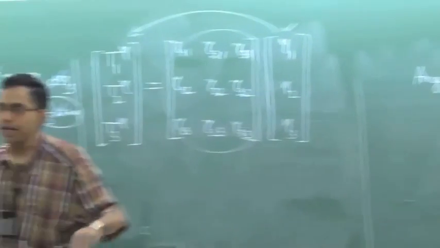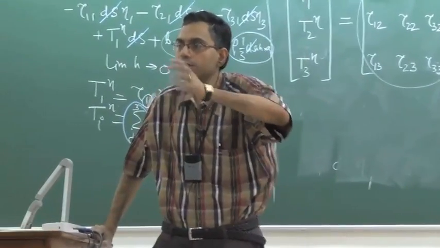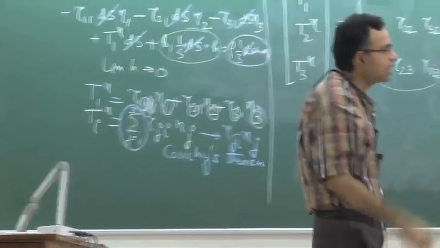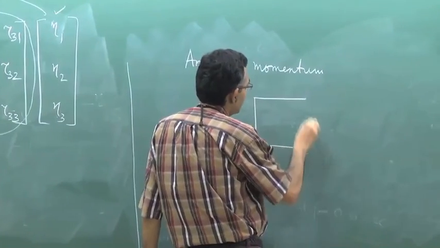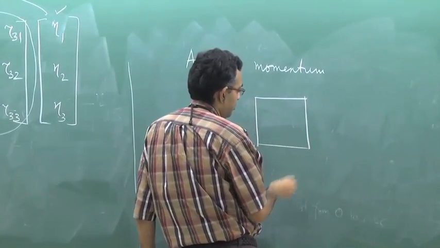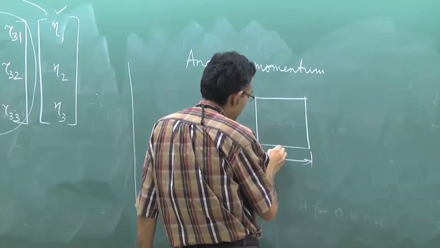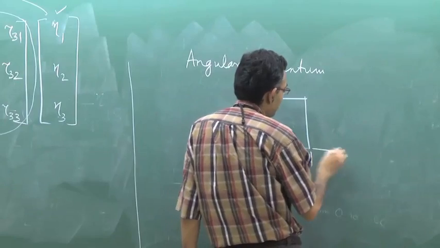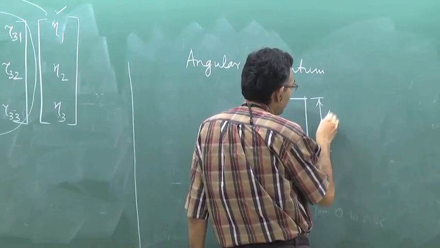So, just like linear momentum relates to translation, angular momentum relates to rotation. We will consider a simple example where we consider rotation in the xy plane, that is, rotation with respect to the z axis. Let us say that delta x1 is the dimension along x1 and delta x2 is the dimension along x2 of a fluid element.